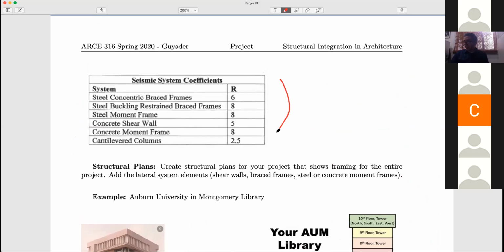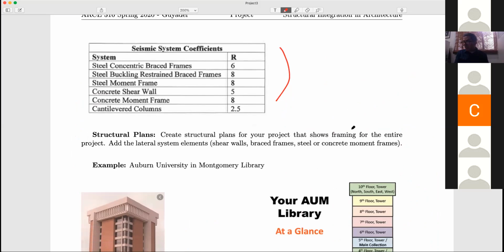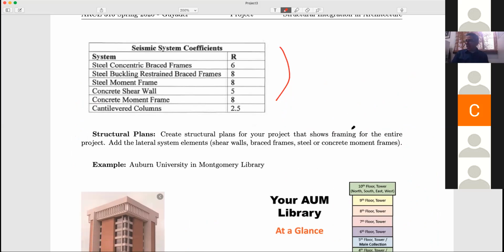So here's a little bit for the seismic coefficients, the R values, and you'll be doing pretty much the same, creating plans, and then adding in the lateral system elements. You'll show the framing, but you'll only have to calculate a typical beam, girder, and slab.